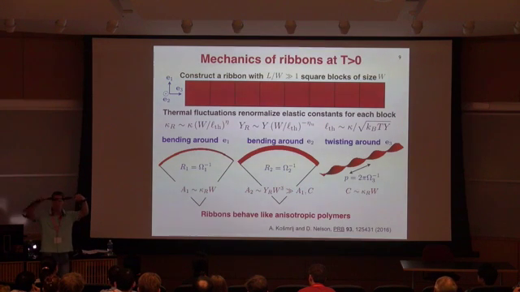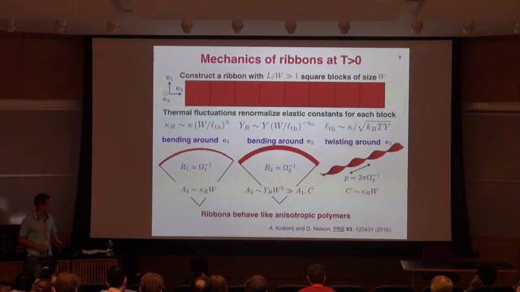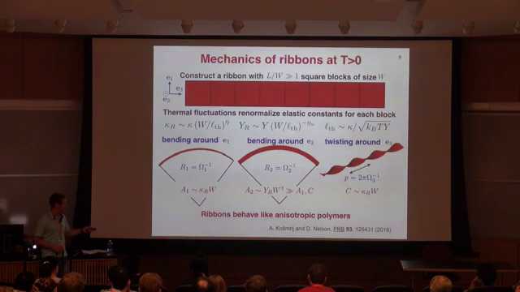But twisting is also very easy, as you can play with belts. Twisting is associated with local bending, so again we have this renormalized bending stiffness. Once I have these effective bending and twisting rigidities, this translates to an effective one-dimensional problem. So we get back to our usual polymer statistics, except now they are highly anisotropic because bending in different directions is different.